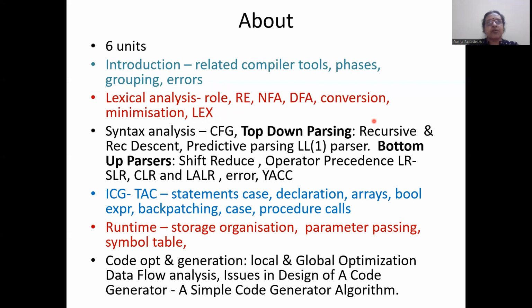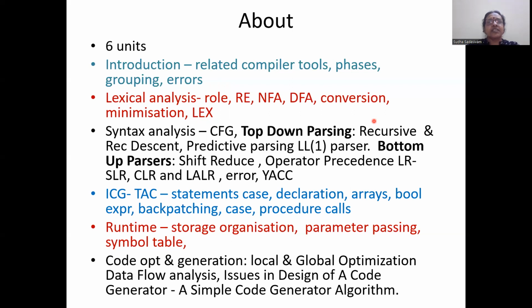The second module deals with the lexical analysis module. This module tells us about the grammar that can be used for the process of lexical analysis, the automaton that can be constructed to recognize this particular grammar, and the tool that can be used for lexical analysis purpose.